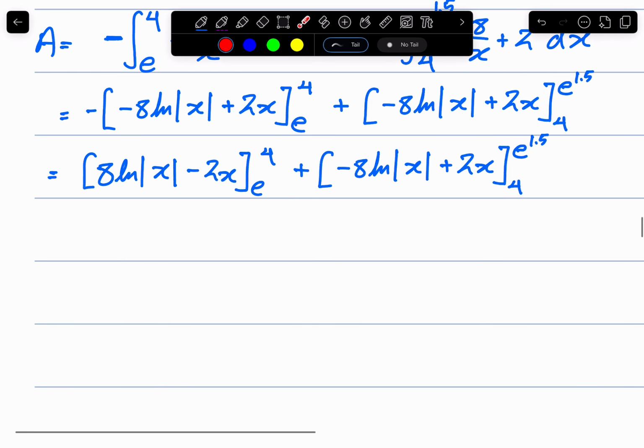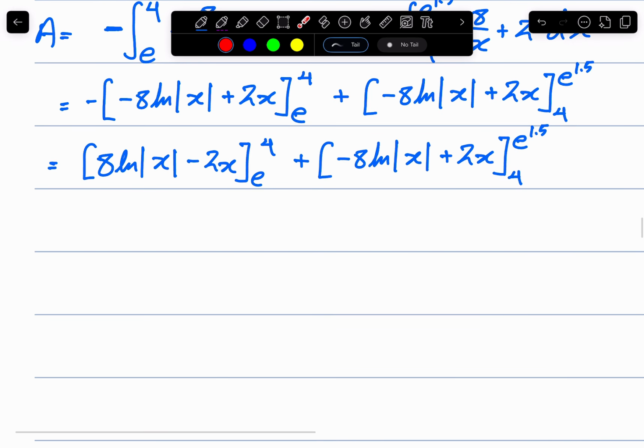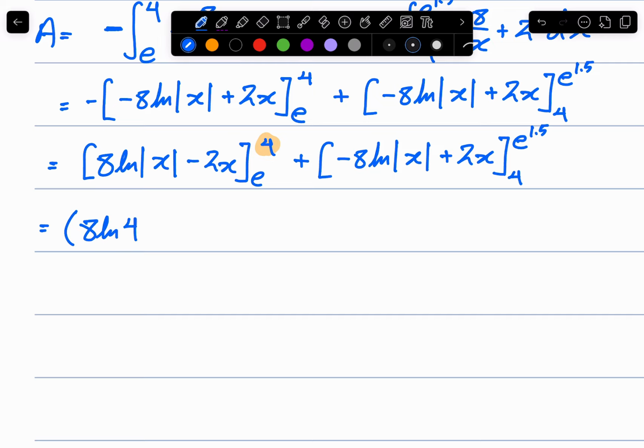This is now the integral I need to worry about. So from here, I'm going to substitute 4 first. So this becomes 8 ln 4 minus, put that in brackets actually, minus 2 times 4 is 8. This is my substitution of 4. So I'm going to highlight that, just so that we're all following along.